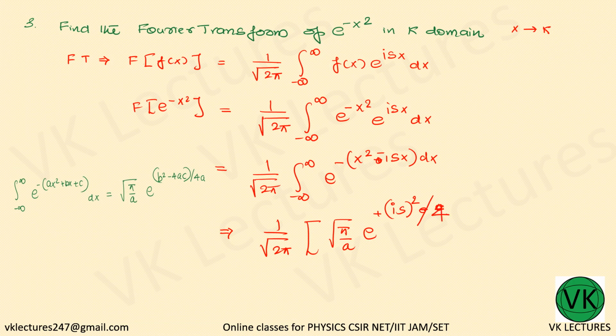So 1 divided by root of 2 pi into root of pi by a, and a is 1, since this is ax squared, into e to the power minus s square by 4. So root pi gets cancelled, giving 1 over root 2 times e to the power minus s square by 4.